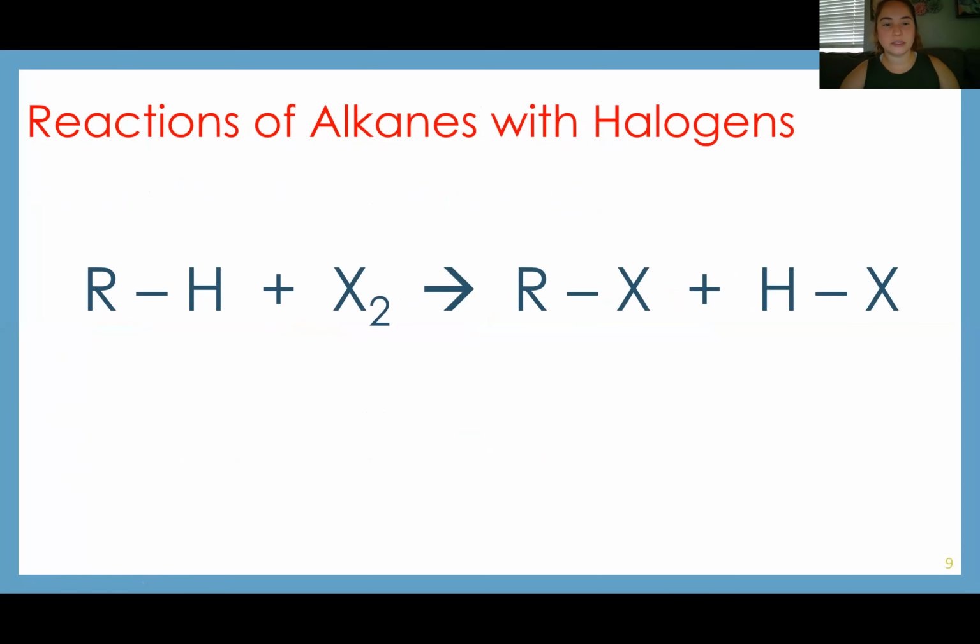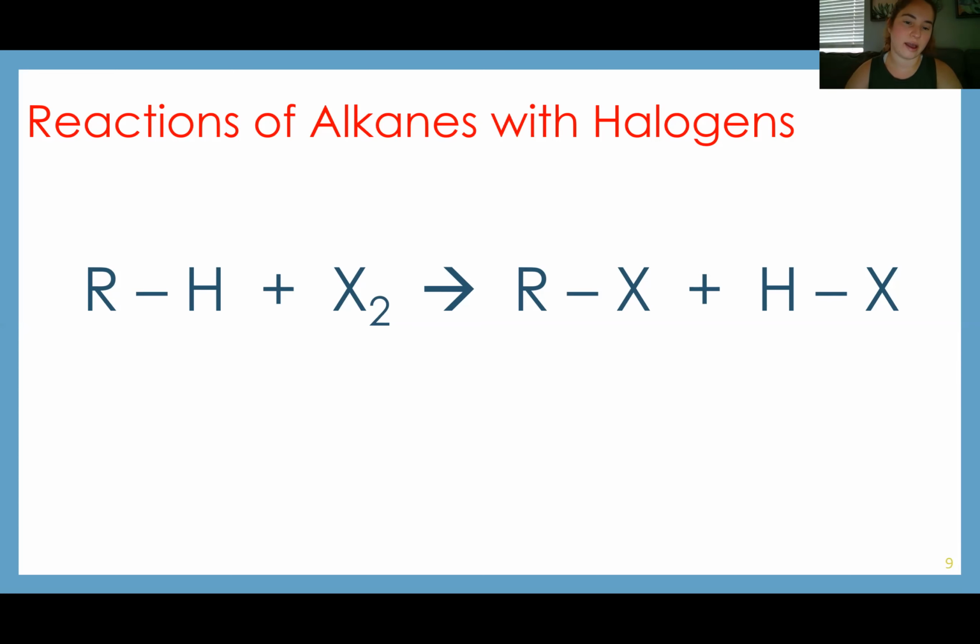Okay, so this brings us to reactions of alkanes with halogens. And you are reading that correctly. Earlier when we talked about alkanes, we said pretty much the only thing you can do with them is set them on fire and use them as fuel. That's still pretty much true, but you can do some reactions of alkanes with halogens, but they're radical reactions.